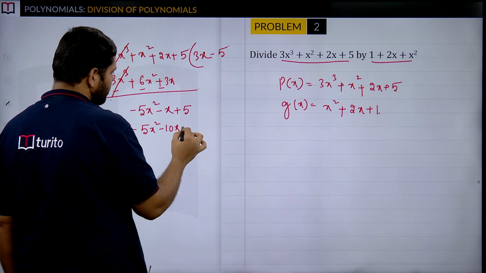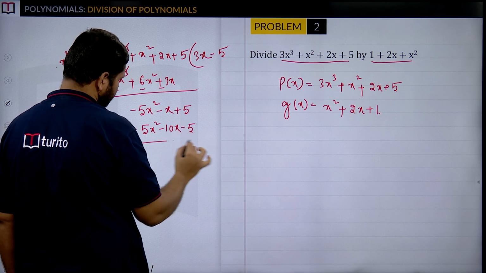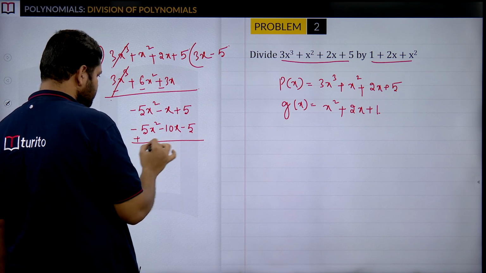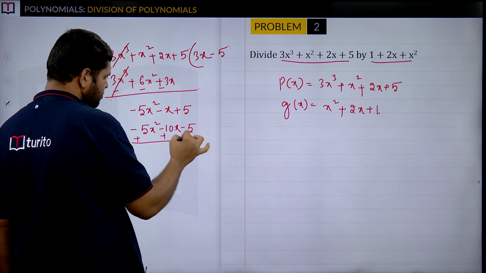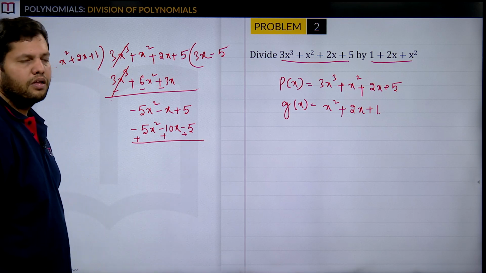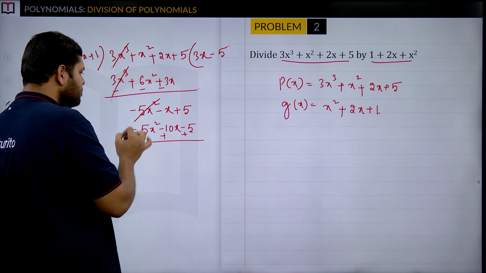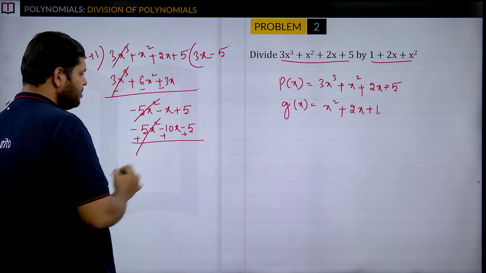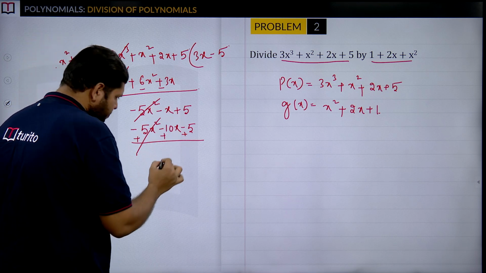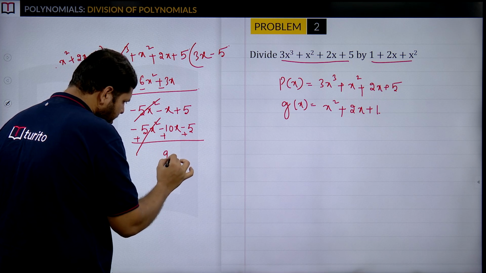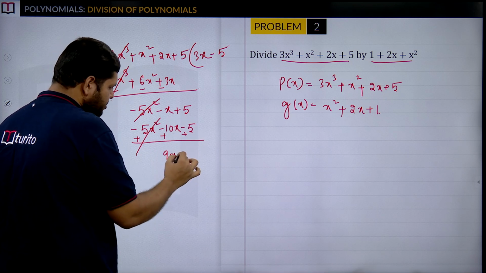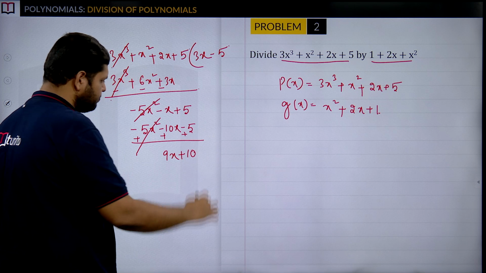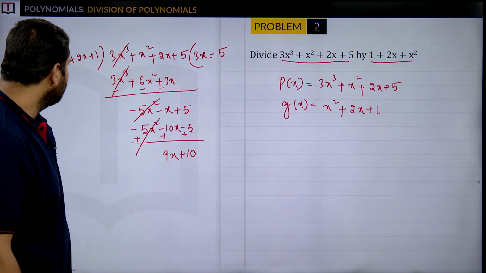And 5 ones are 5, so this is minus 5. And symbols change, this is plus, and this is plus. And this minus 5x square gets cancelled. Minus x plus 10x, we can say 9x. 5 plus 5 is equal to 10.